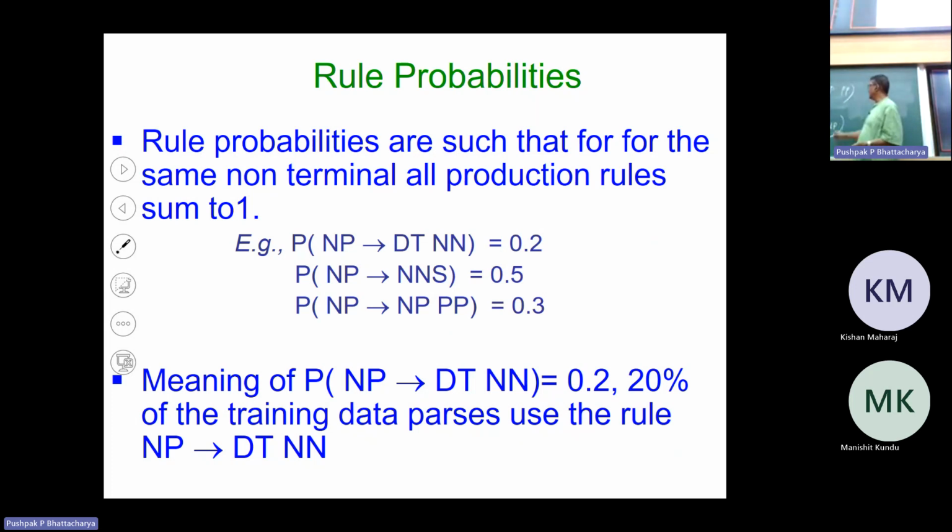What is the probability that a noun phrase dominates another noun phrase followed by a preposition phrase? Because a noun phrase could have dominated a determiner and a noun. Amongst all the possibilities of constituting a noun phrase, which is domination.